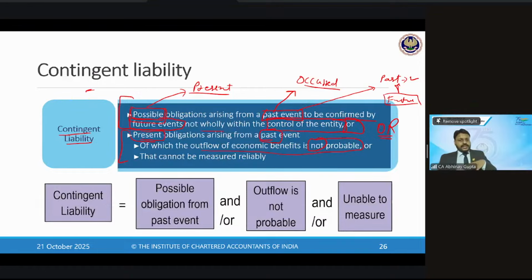Now, event is same, present obligation is there, but when we did the research, lawyer said, and team of doctors advised lawyers that drug is fine. It is approved by the WHO and the FDA, whatever, and there is no technical default or fault in the drug.